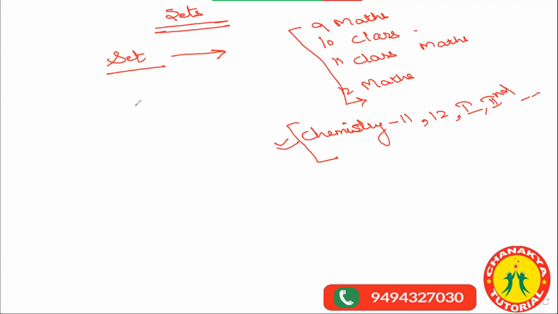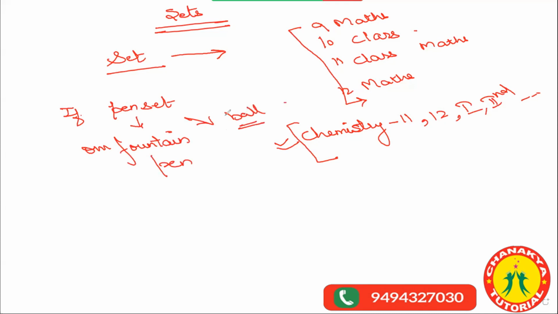And suppose, children, if you are purchasing pens, right? If you are going to a stationery shop, then you are purchasing a pen set. Your pen set contains one fountain pen and one ball pen.